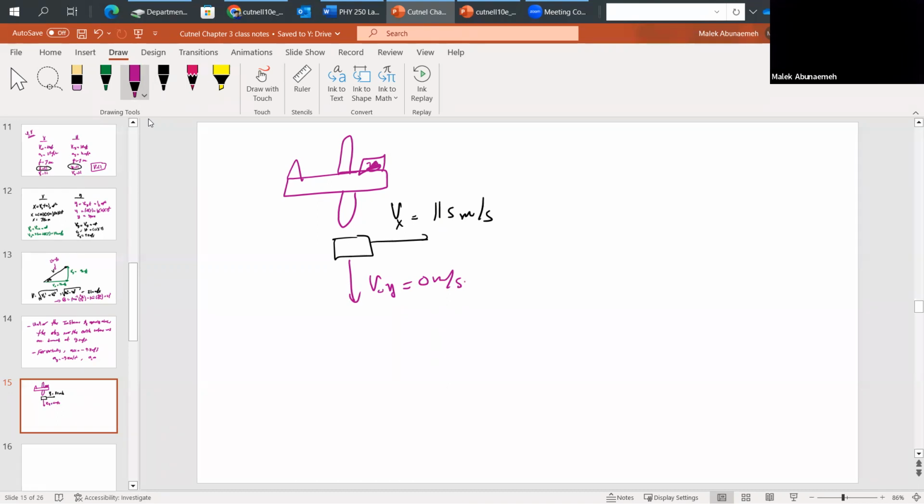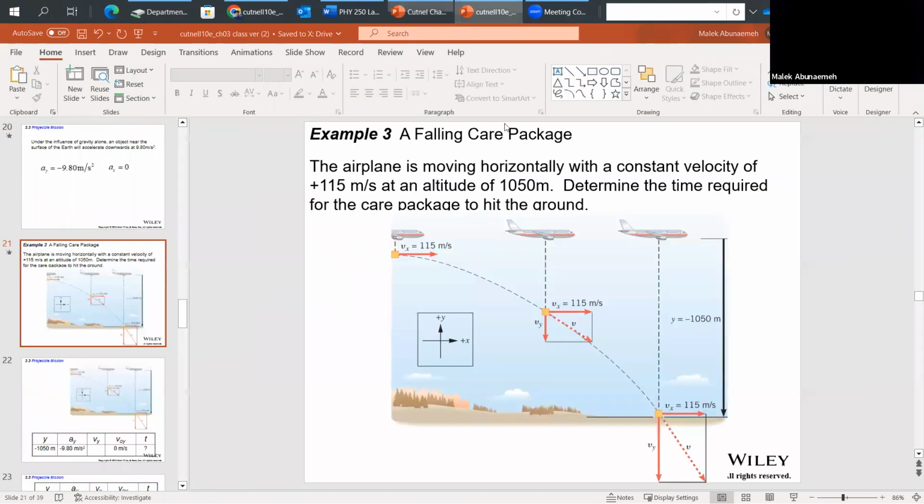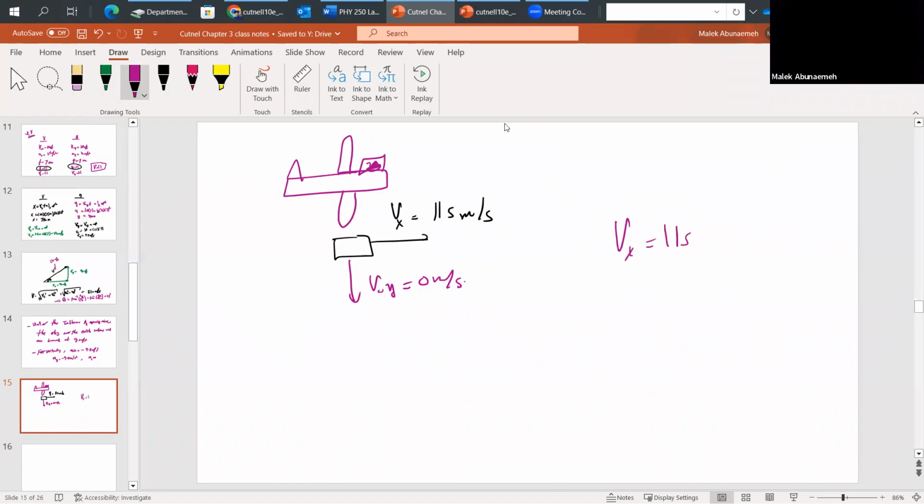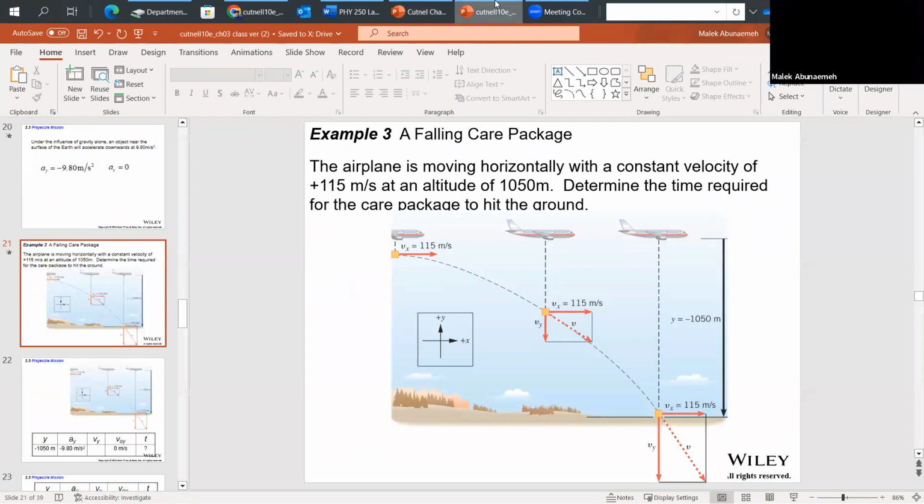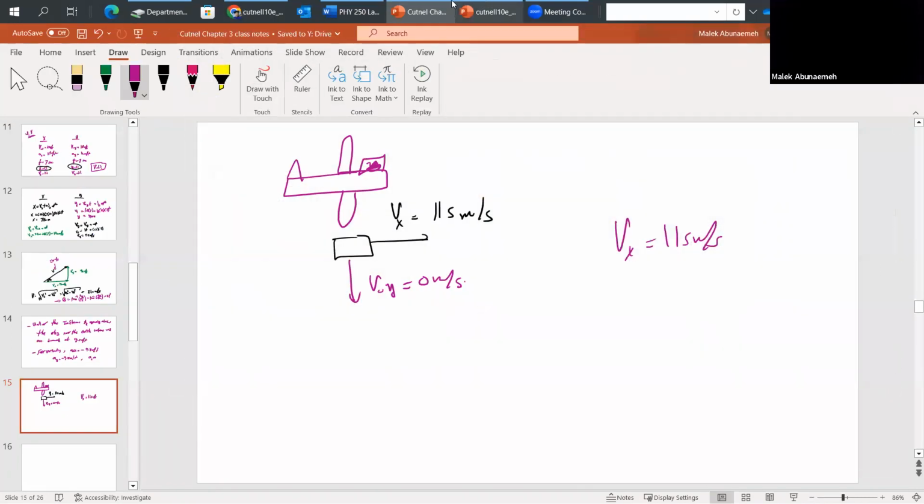Going in our 4 rules. So your first piece of information, again, your v of x, which is 115 meters per second, and your altitude of 1,050. Now, here's your ground over here, and this is going to be 1,050 meters. That means this is going to be in your y direction. So your y is going to be 1,050 meters.